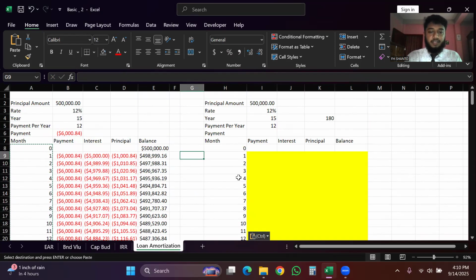I just copy it and paste it down. We need the month number for our calculation. You can see the principal amount, rate, year, and payments per year are all given. We need to calculate the loan amortization.